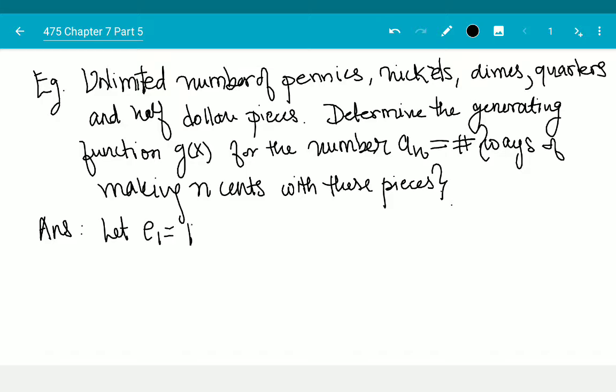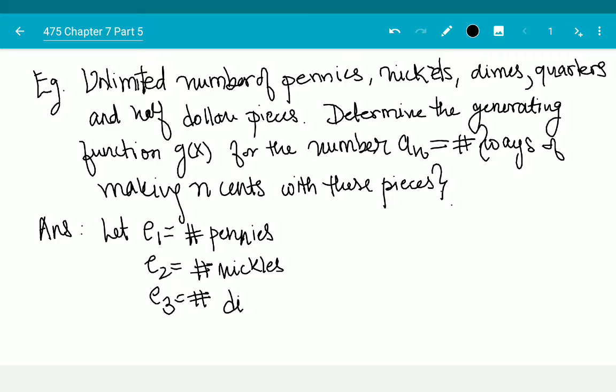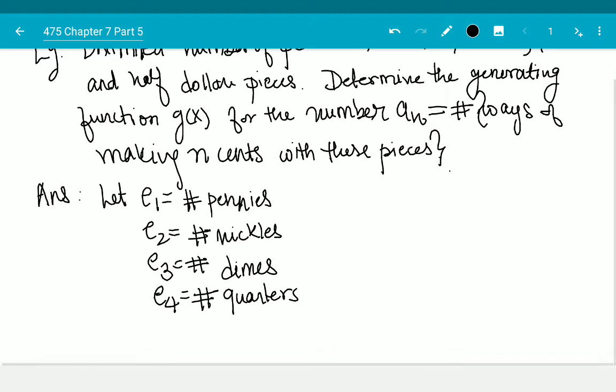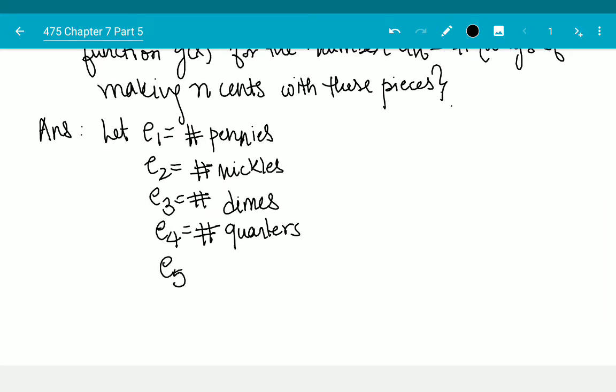Answer. So let E1 be the number of pennies, E2 the number of nickels, E3 the number of dimes, E4 the number of quarters, and E5 the number of half-dollar pieces.